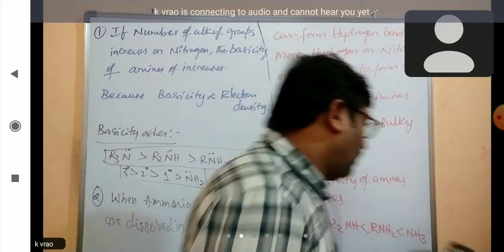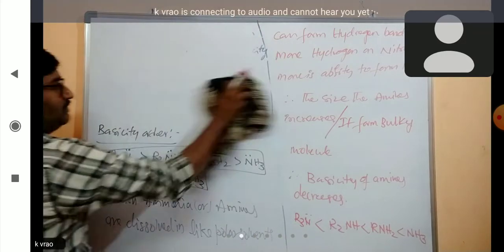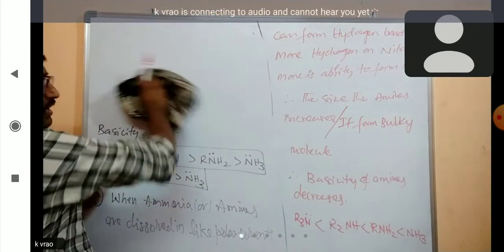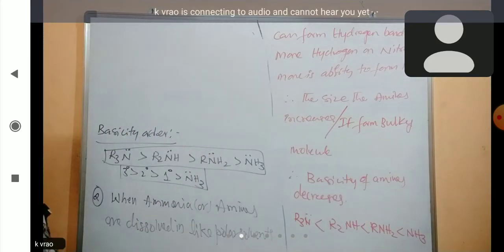Next, in the same manner, factor number 3 is steric hindrance. The more the number of alkyl groups on the nitrogen, the more the steric hindrance, so the basicity also decreases.